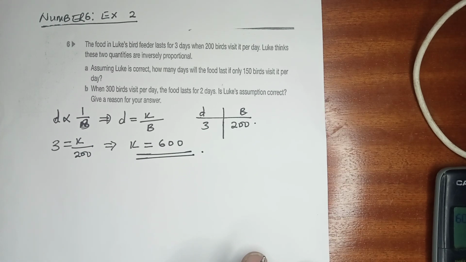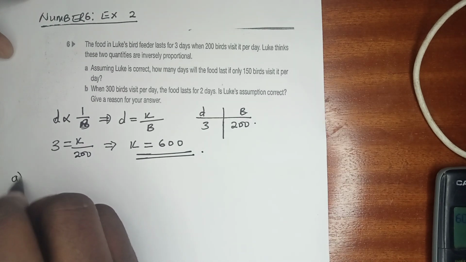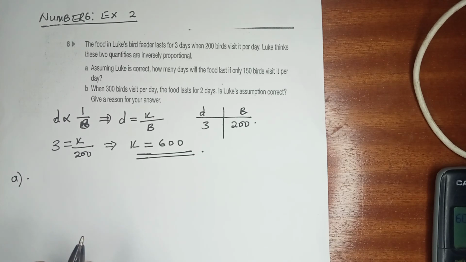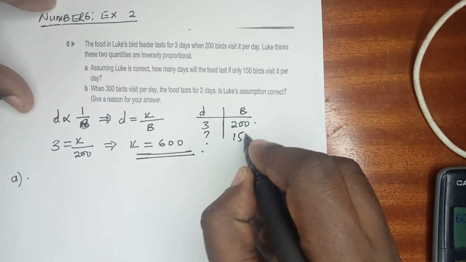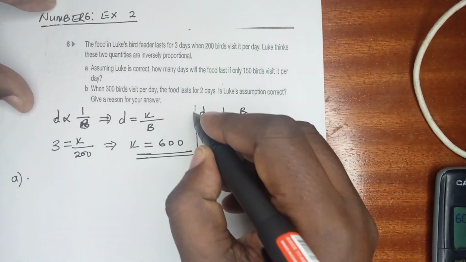Part A of the question is asking us, assuming Luke is correct, how many days will the food last if only 150 birds visit it per day? Those are the new details.